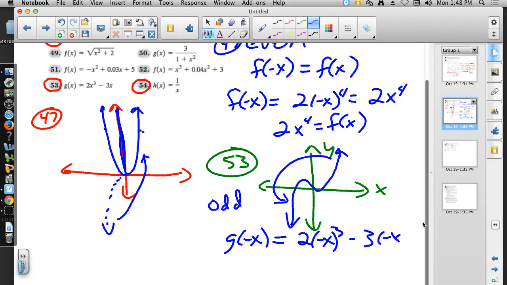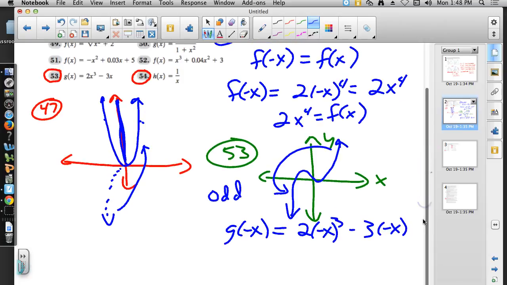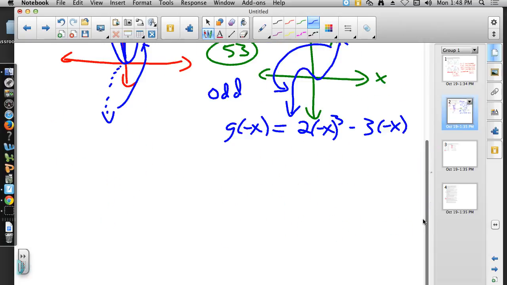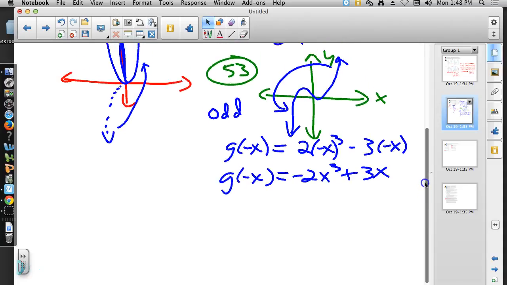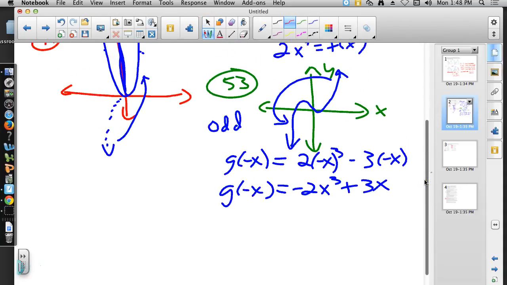The smartboard is writing about a half a second behind me, so it's getting messy. So g of negative x, if we raise anything that's negative to the third power, it's going to be negative. And what we have to do is compare that to the original, because if this is odd, what we just had has to be the same as negative g of x.